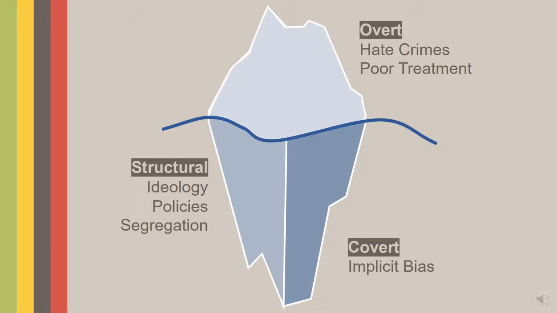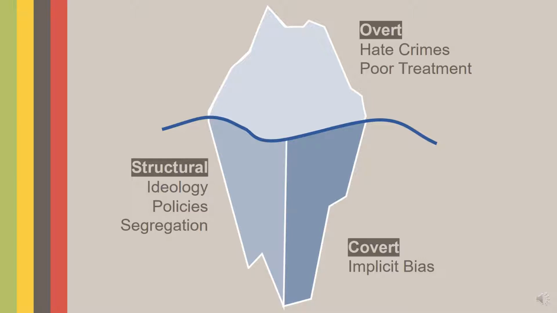Racism can be either overt and obvious, such as hate crimes or poor treatment of people of color, but it can also be covert and structural, making it go undetected. A lot of folks report that we live in an equal society, that racism doesn't exist, but often that's because when people conceptualize racism, they are thinking about those overt forms.